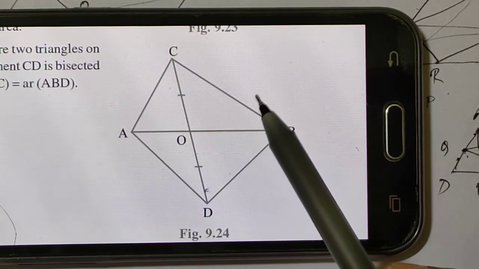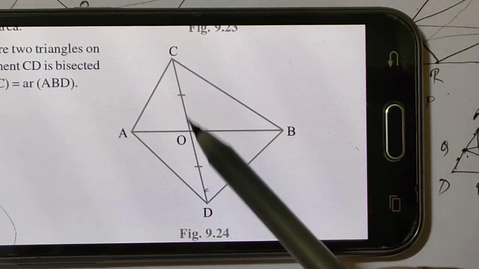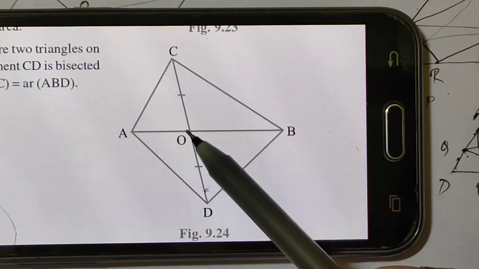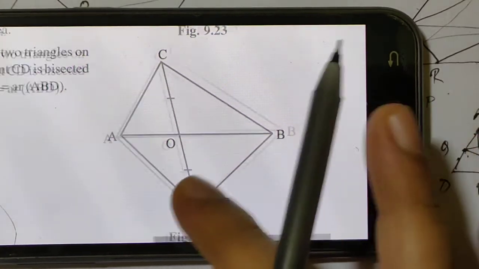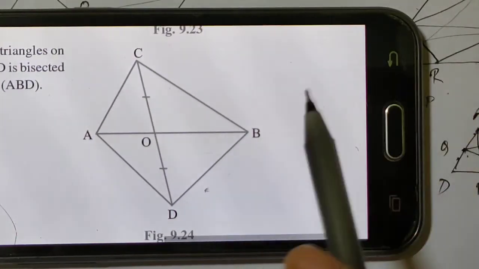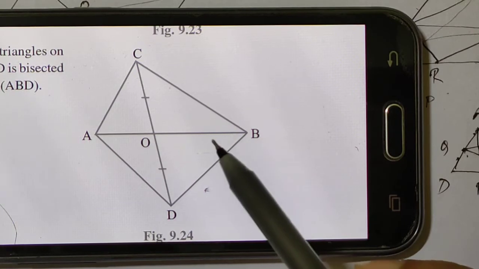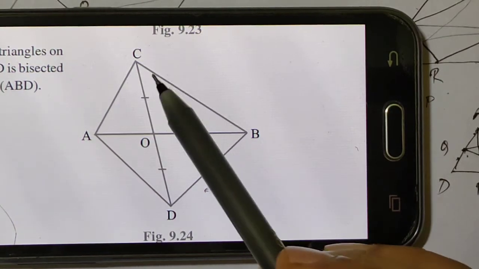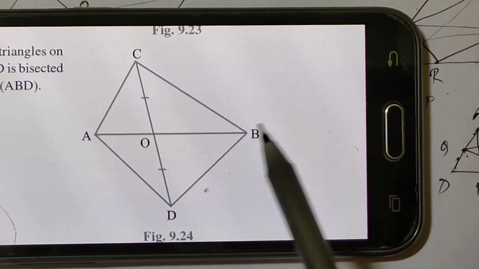How? See, since O is the midpoint of CD, obviously in triangle BCD, BO is the median. If BO is the median, then obviously the area of triangle COB is equal to the area of triangle BOD. These two triangles are equal in area.